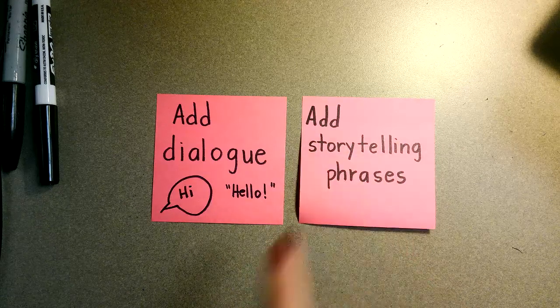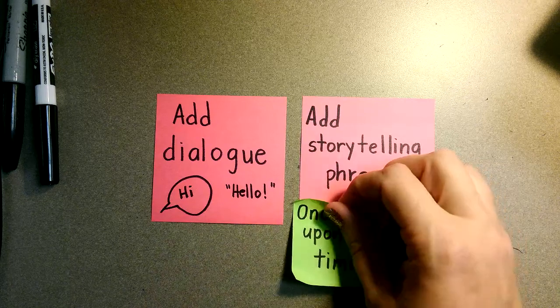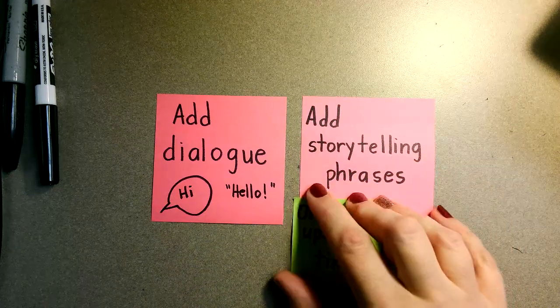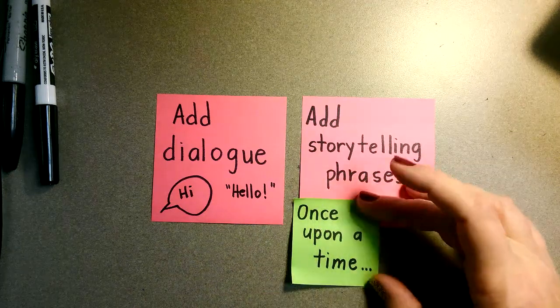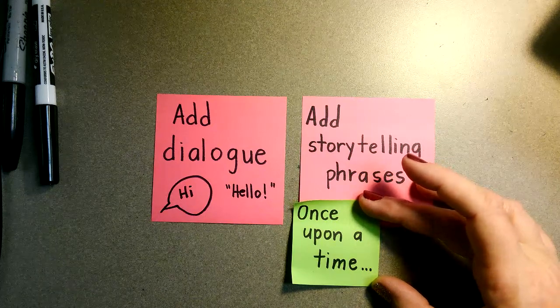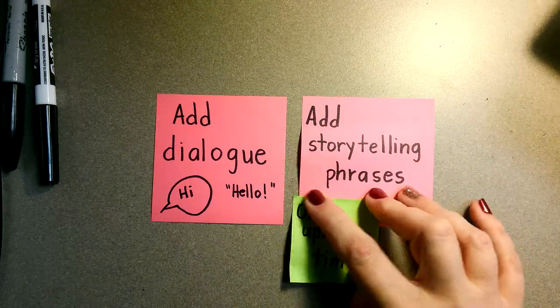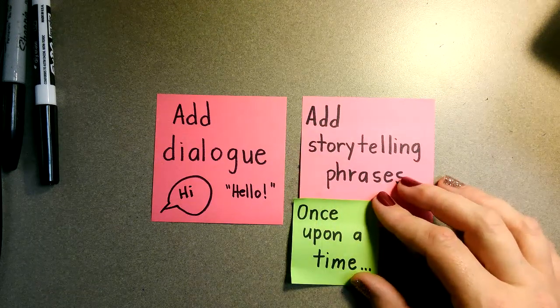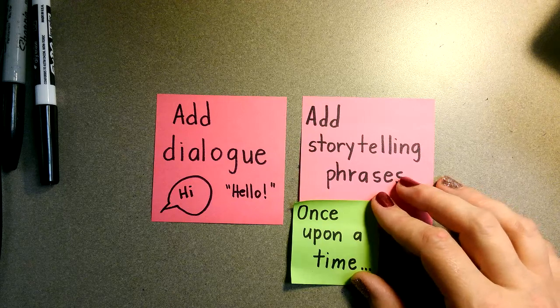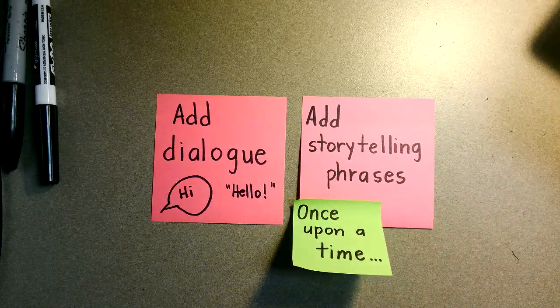But if you're writing a fairy tale like Miss Davis's, there are some storytelling phrases that we see in our fairy tales that I would like for you to try to include in your writing today. The first being once upon a time. When we are reading a fairy tale, we'll often hear once upon a time as the very first words that we hear in a fairy tale.